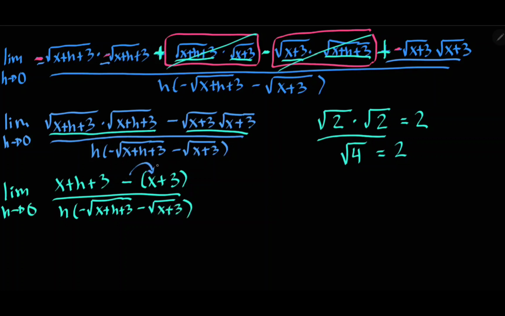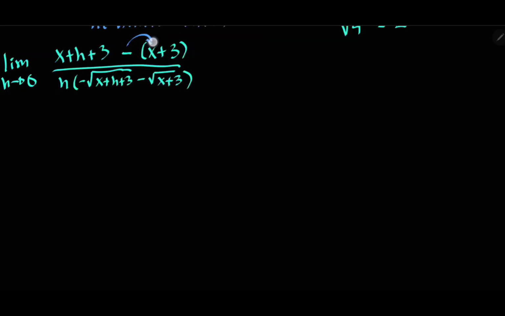So now we're going to carry this negative in so that we can simplify it even further. And we end up with x plus h plus 3 minus x minus 3. So change the sign of everybody there.